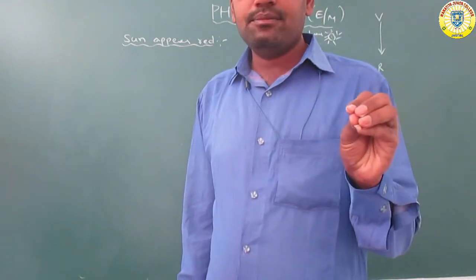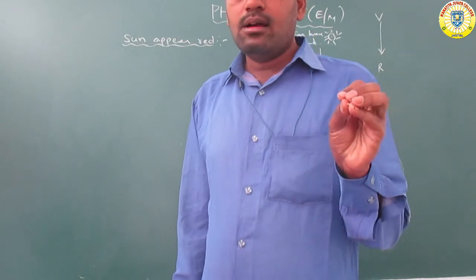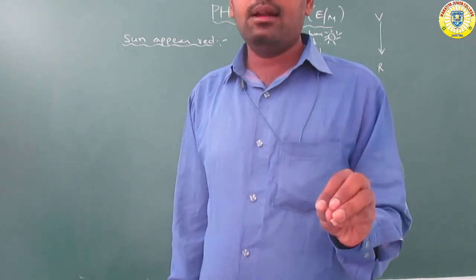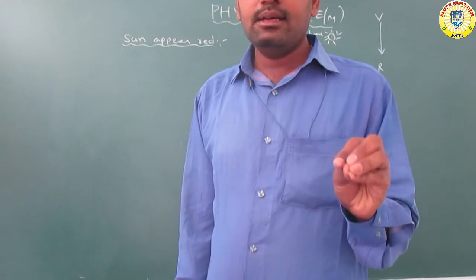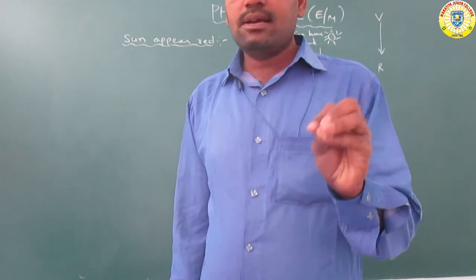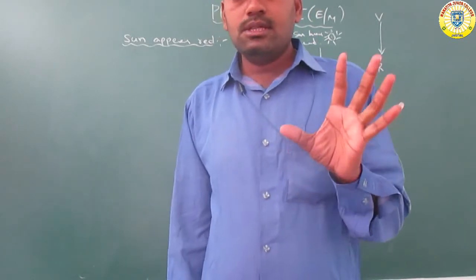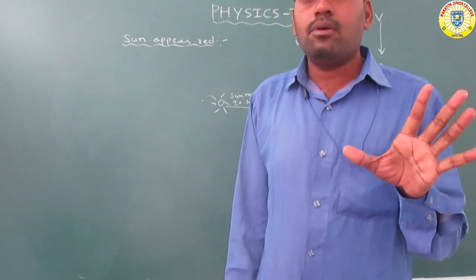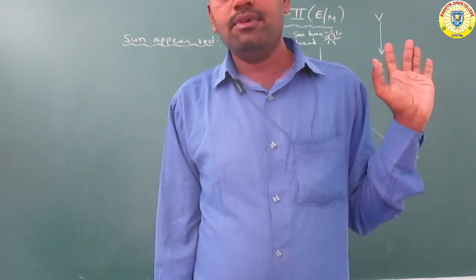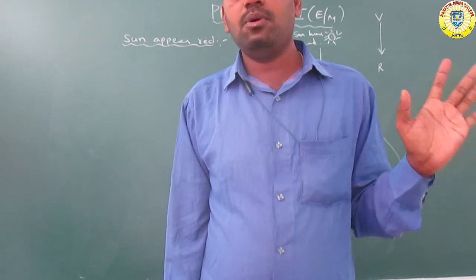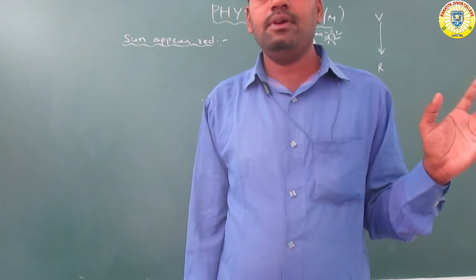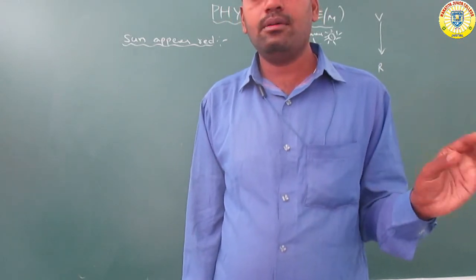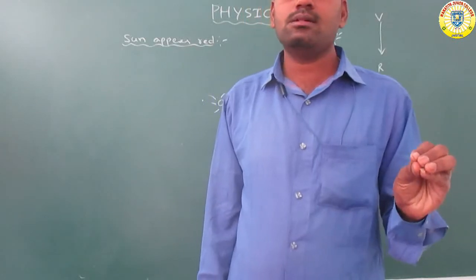White is not a color by itself; it is a mix of the seven colors. These seven colors are called VIBGYOR colors.